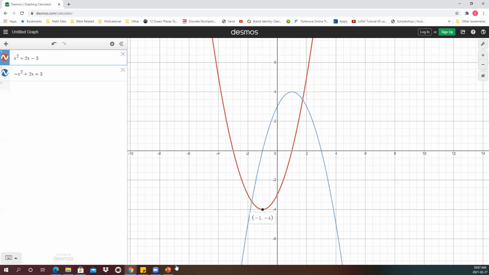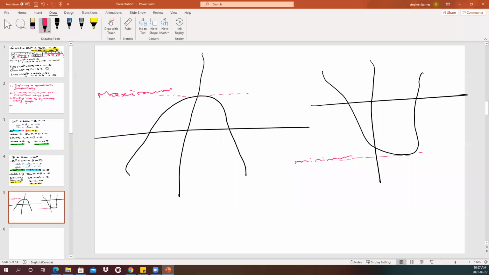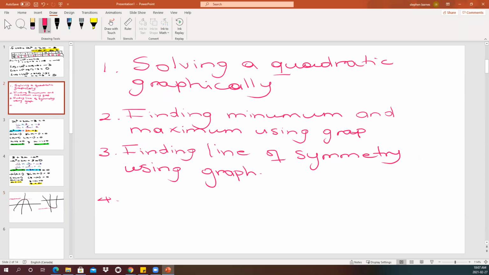When you look here, you see the maximum value was +4 and the minimum value was -4. So your maximum value is usually a positive number, and your minimum value is usually a negative number. Clear? So far, so good. All right, so we've gone through finding the minimum and the maximum using the graph.